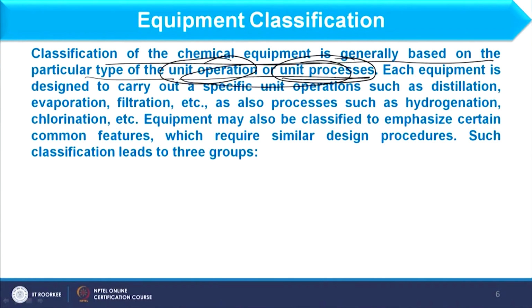Okay. And what is unit process? Unit processes are that part in the chemical industry where a particular reaction is carried out. Okay. So, chemical process deals with the reaction along with transfer of heat that may take place. If the reaction is endothermic or exothermic, accordingly heat will be required or generated, but a reaction should be there once I am considering the unit processes. So, this is the basic difference between unit operation and unit process.